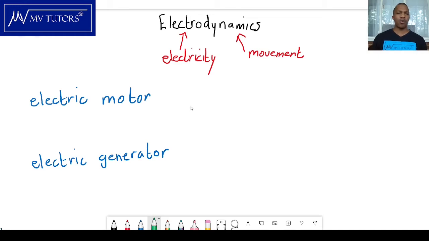First of all, what can we understand about an electric motor? Let's start with examples.